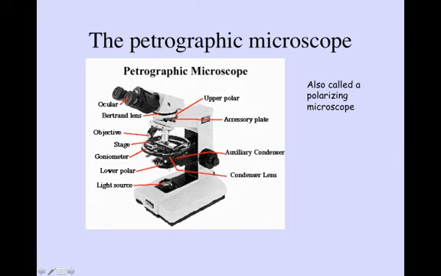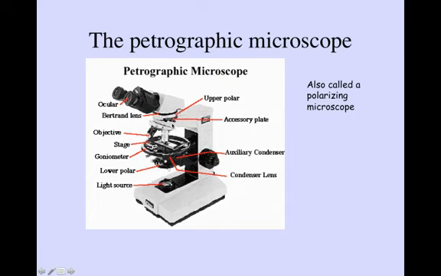Above that, we have the upper polarizer that you can put in or take out to decide whether you want to look in plain light with the upper polarizer out, or in cross-polarized light by putting that upper polarizer in.